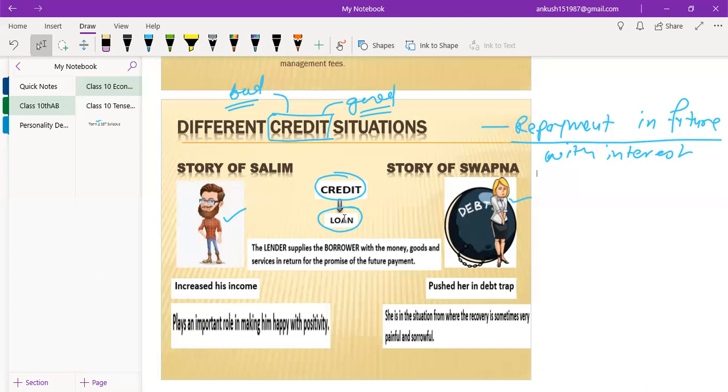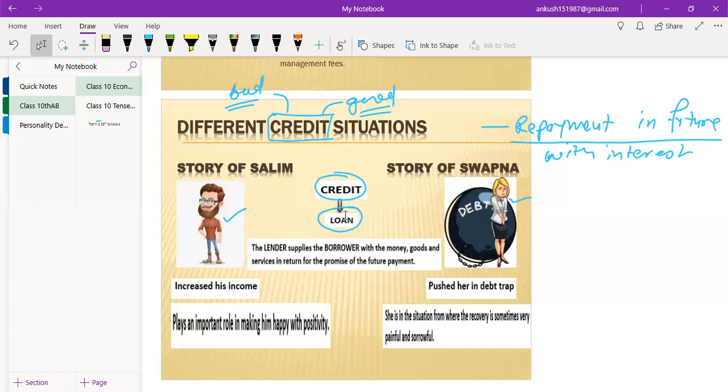Many times, in fact all the times, whenever the bank lends money to the borrower, your CIBIL score is also very important. If your CIBIL score is less than 750, it is very difficult to get the loan amount from the bank. Even if you are asking for 10,000, this small money also cannot be credited into your bank account if your credit score is low. Understood? I will tell you that later on.